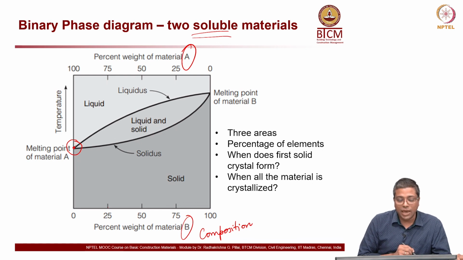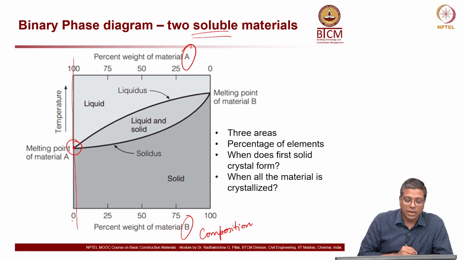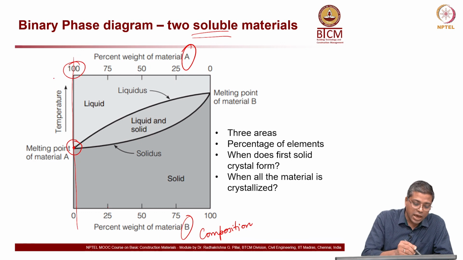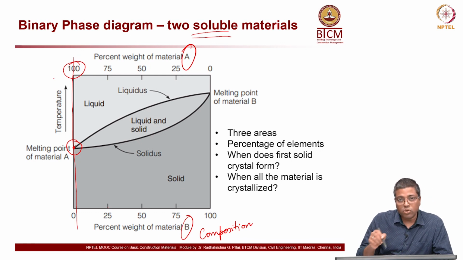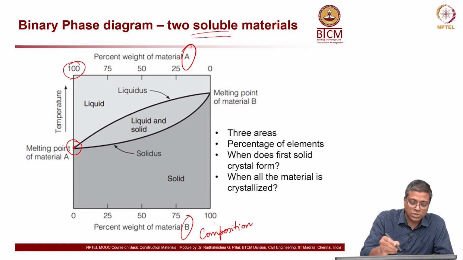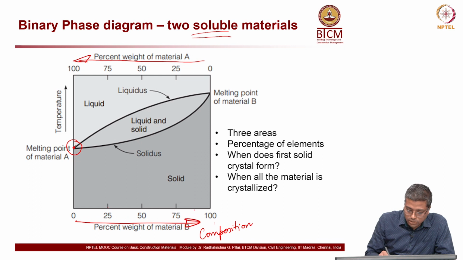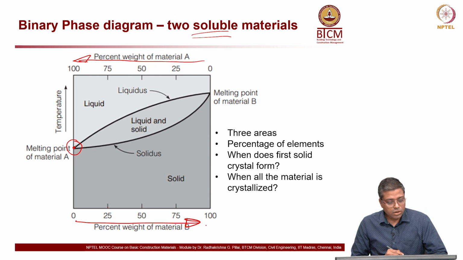Of material A, because at this line you have only material A, it is 100% A and 0% B. Now if you go to the right end of this graph, this is 100% material B and 0% material A. So this clarity should be there, because A is increasing towards the left and B is increasing towards the right.